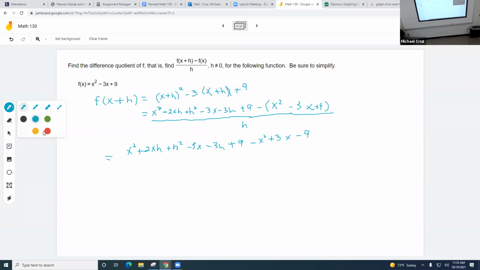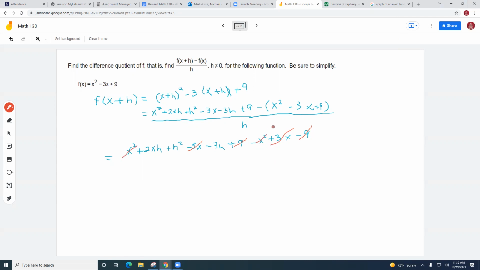Now, this usually means that certain things are opposite signs, and we're going to lose certain things. We're losing the negative 3x and that 3x because those are opposite to one another. We're losing the 9 and the negative 9 because those are opposite to one another. And we're losing the x squared and the x squared.